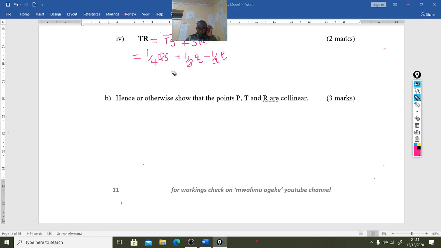So from here, this will be equal to, if we now use the quarter QS, it is a quarter into QS, that we have already found QS to be a third P minus Q, then plus a third Q minus a third P.